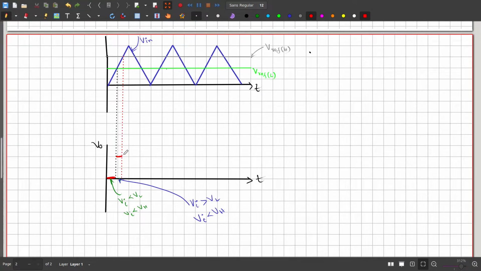And it should be logic high because it's a window comparator. Whenever our input voltage is in between the lowest threshold and highest threshold, we should have a logic high.